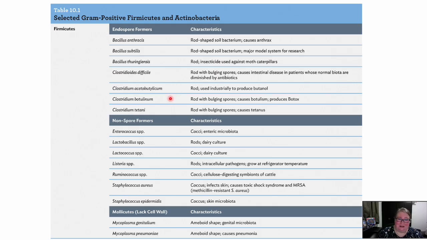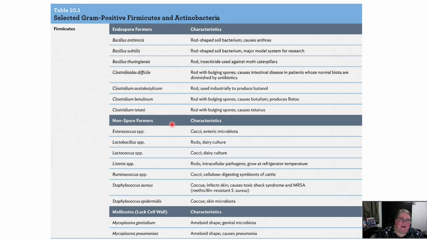This causes botulism. It's used to paralyze people's faces to get rid of the wrinkles in Botox. We have Clostridium tetani. This is going to be the bacterium that causes tetanus. So all of these have the same characteristic. They're all endospore formers, so that they can become an endospore and survive bad environments.